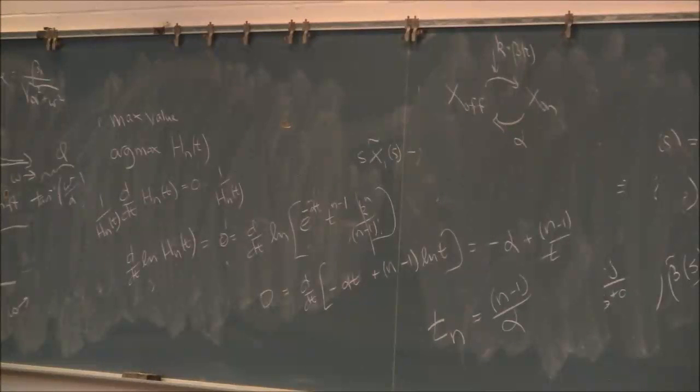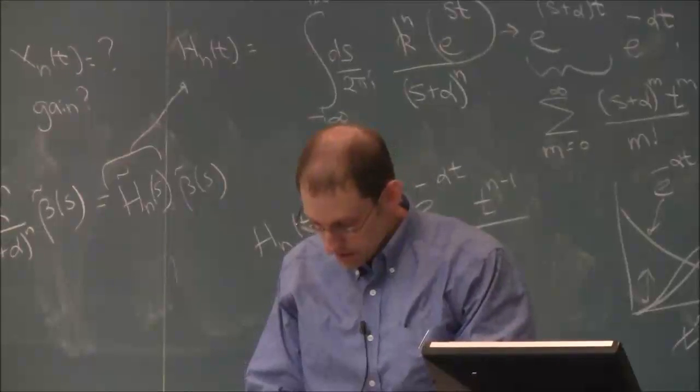So we've calculated the time of maximum response. We could next calculate the amplitude or the gain by substituting that time back into the response function and seeing what you get. That gets messy pretty quickly, so we're not going to do that, even though that's in the notes.